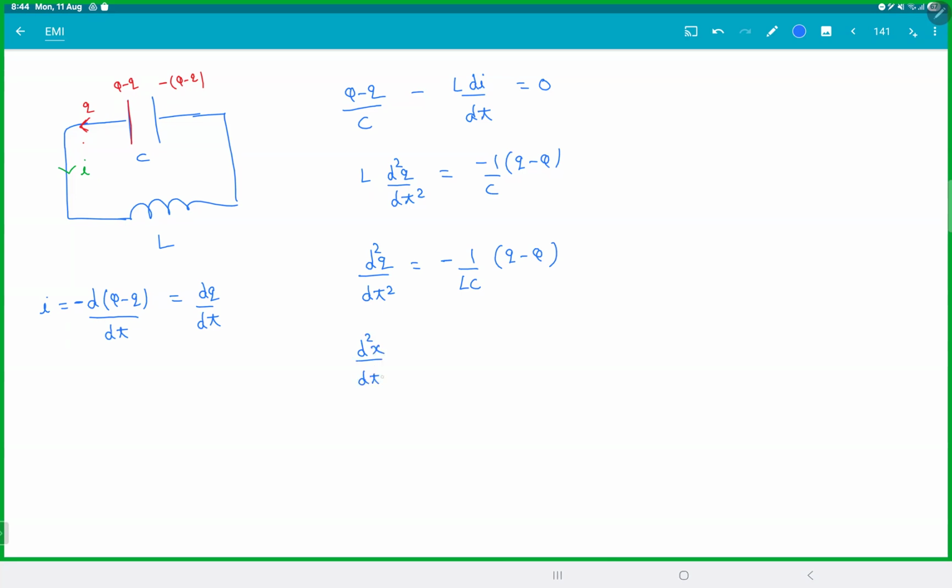d square x by dt square is equal to minus omega square times x minus x mean. The general solution for this will be x minus x mean is equal to x naught sine omega t plus phi. So this will be q minus Q is equal to q naught sine omega t plus phi.